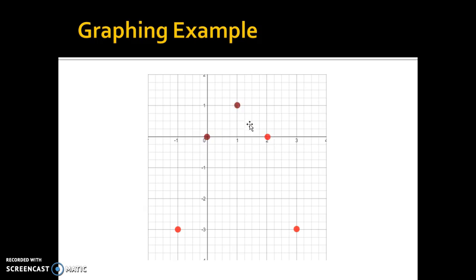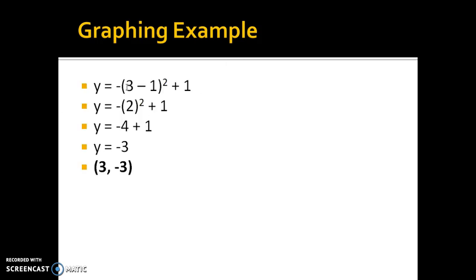So as you can see, if you mirror everything, because the parabola is mirrored, then the next red dot here would be 3. So you plug in 3 here. So 3 minus 1, and then that becomes 2, and then you multiply everything. That's negative 4 plus 1, and then negative 4 plus 1 is negative 3.